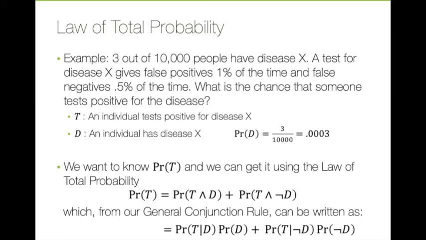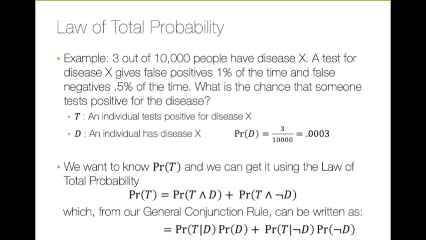And we can do that using the law of total probability. So substituting in T and D as our sentences, the probability that someone tests positive for disease X is the probability that they test positive and have the disease plus the probability that they test positive and don't have the disease. So the chances of T are the chances of T in each of those mutually exclusive and exhaustive possibilities.